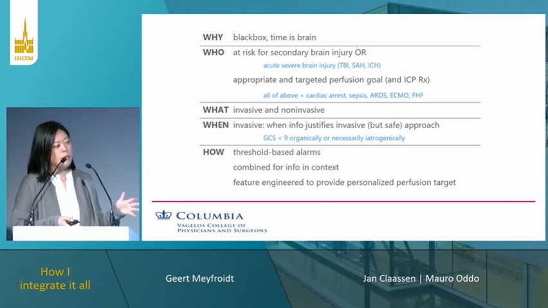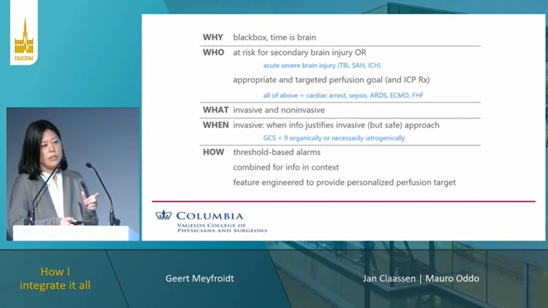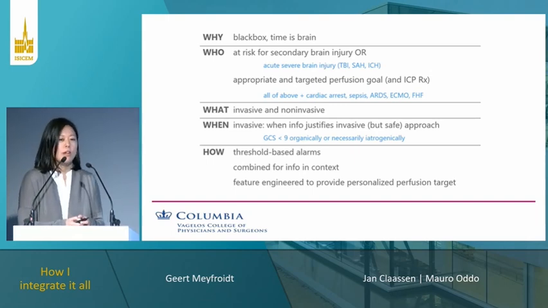We can't be at every bedside for every patient. But beyond threshold-based alarms, I want to talk about the context of the patient and how we can combine the information, zoom in, zoom out, depend upon visualization, and also how we can think about these individual modalities as features to be combined in data science to provide more of a personalized perfusion target.